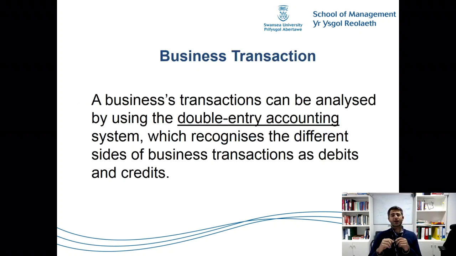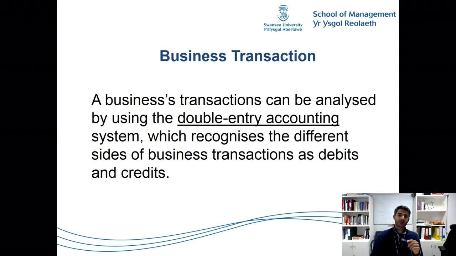Now, let's come to the business transaction. If you listened to my lecture last week, we did explain briefly the accounting transaction. If you remember the Tesco example, when Tesco's cash goes up and the sales goes up, the business transaction can be analyzed by using a double entry accounting system.